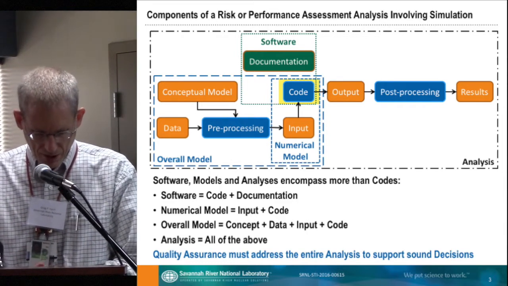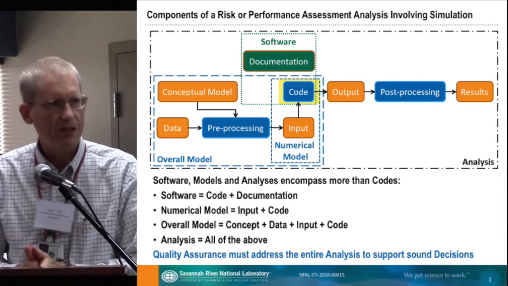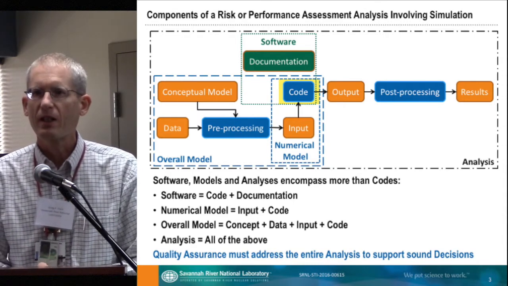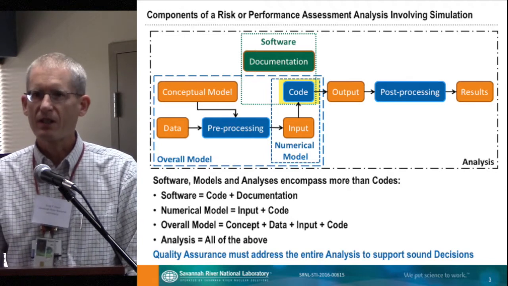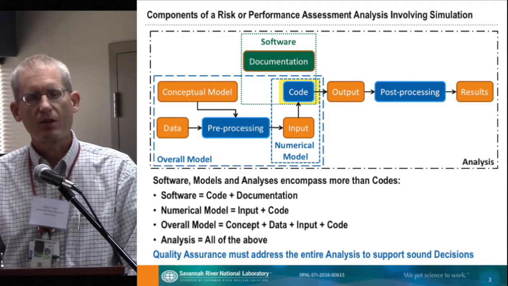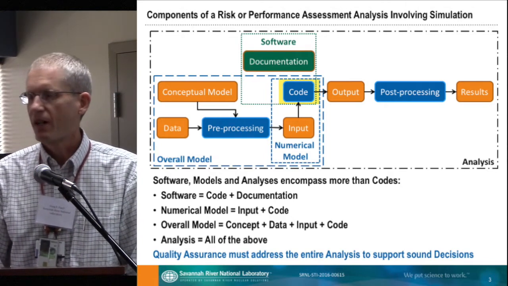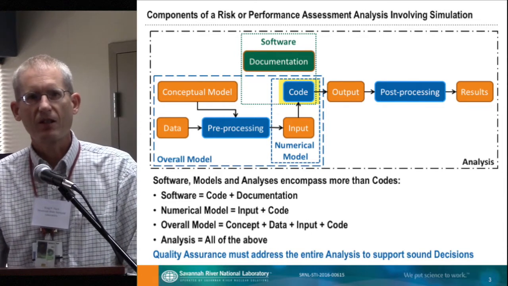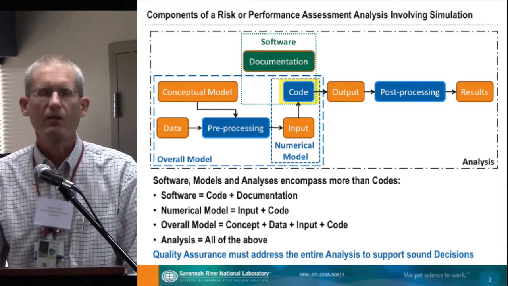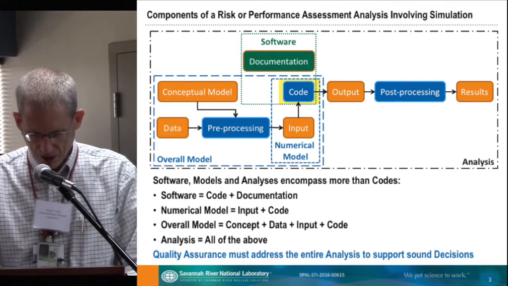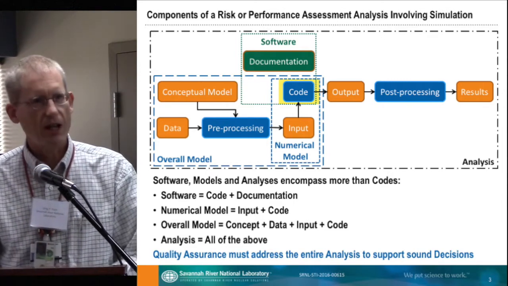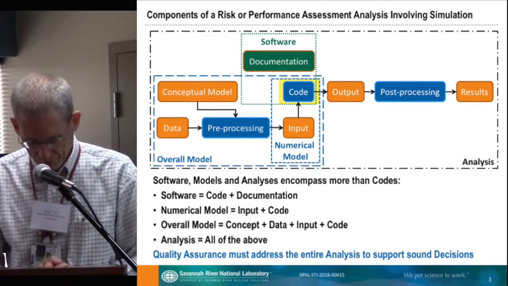The first thing I want to assert here is that when we're talking about software, it's more than just a code. It's also the code with its documentation. And so when we're talking about software QA, I think properly we should be talking about not only the binary executable code, but again, the documentation that goes with the software. So I've highlighted those two boxes in green.